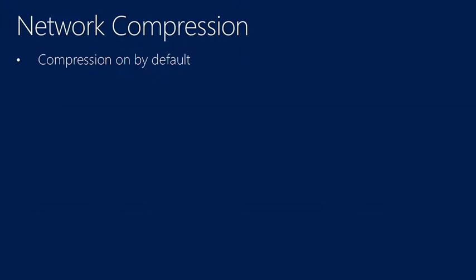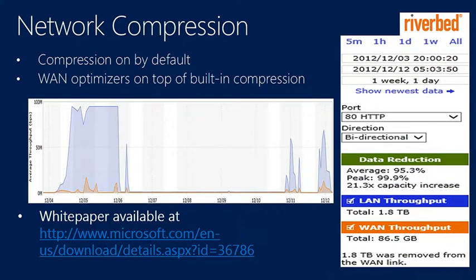What has been really interesting is we've done a lot of work with some third-party WAN optimizers and WAN accelerators. And what these guys bring to the table, crucially, is network-based deduplication. We've actually published some white papers on this.